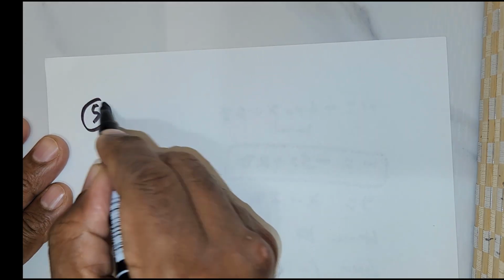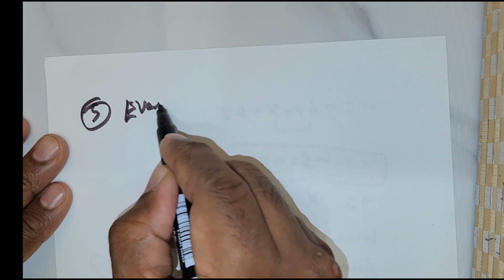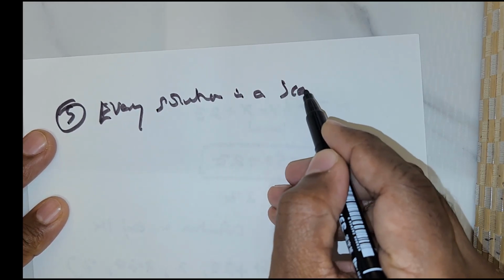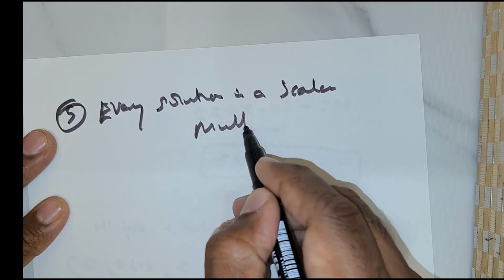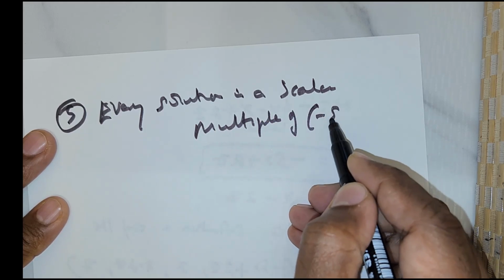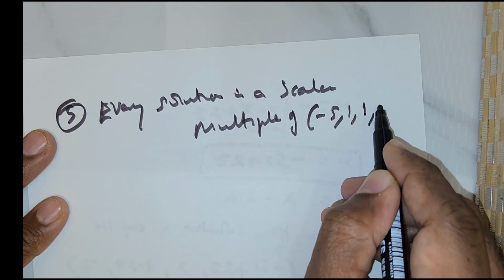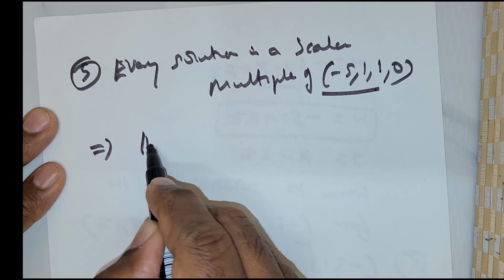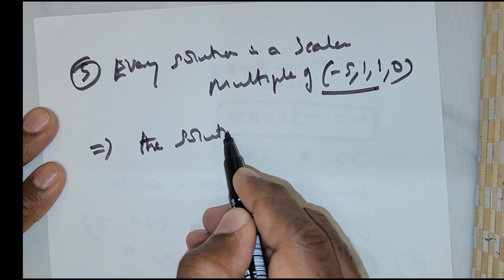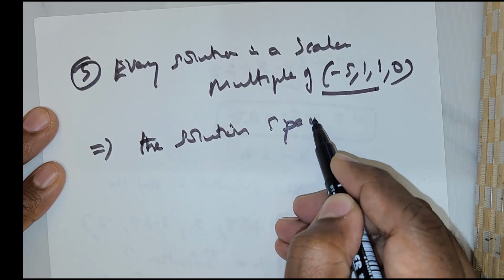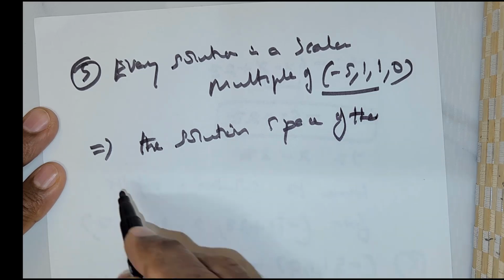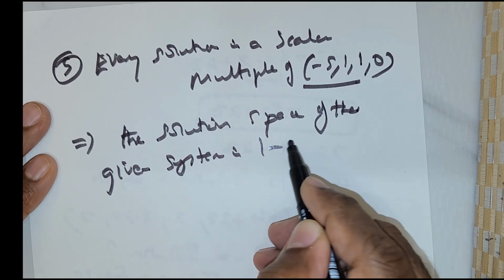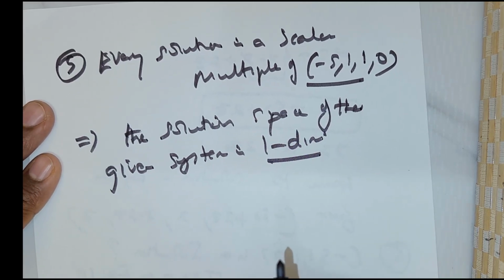Now what is the last choice they are saying? They are saying that every solution is a scalar multiple of negative 5, 1, 1, 0. Now do you know the meaning of this? This means the solution space of the given system is one-dimensional, right?